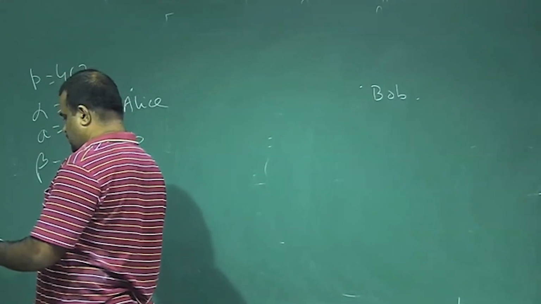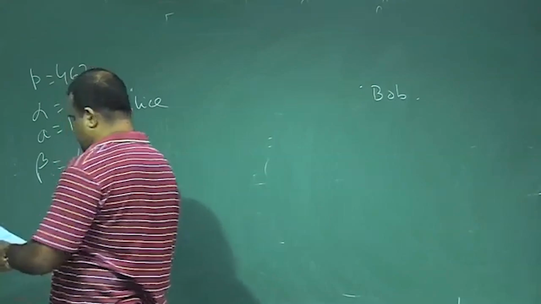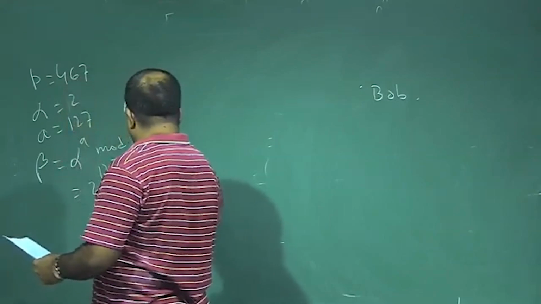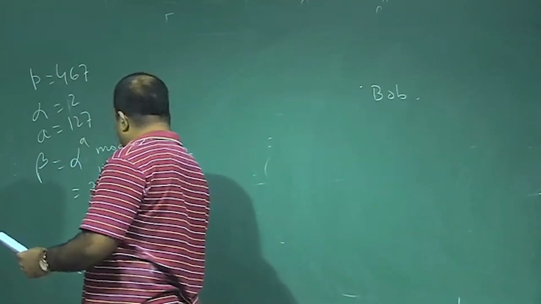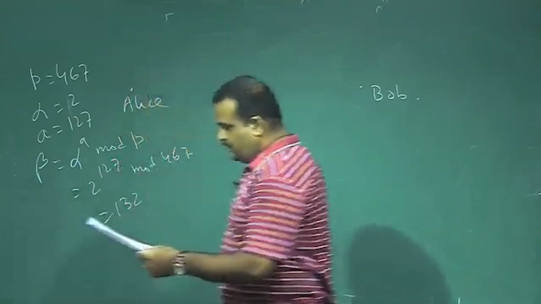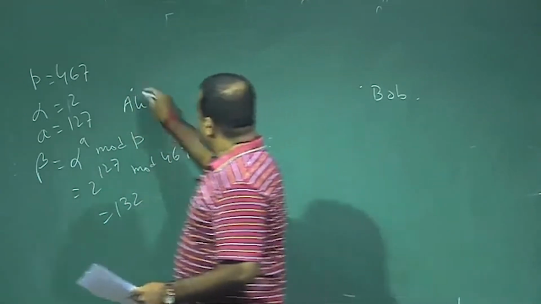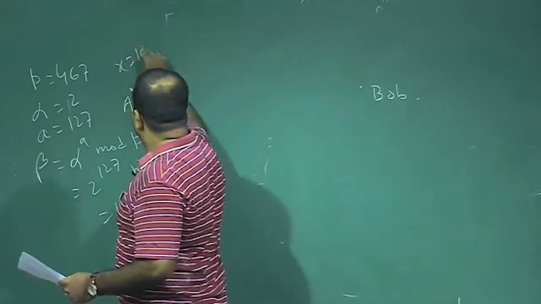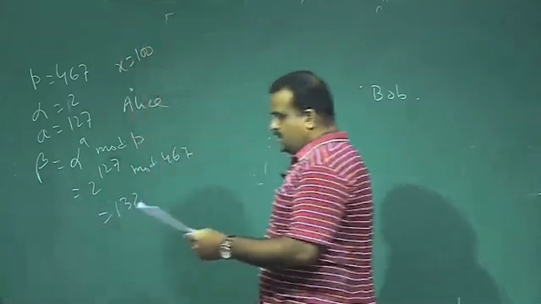So, this is 2 to the power 127 mod 467, which is basically 132.